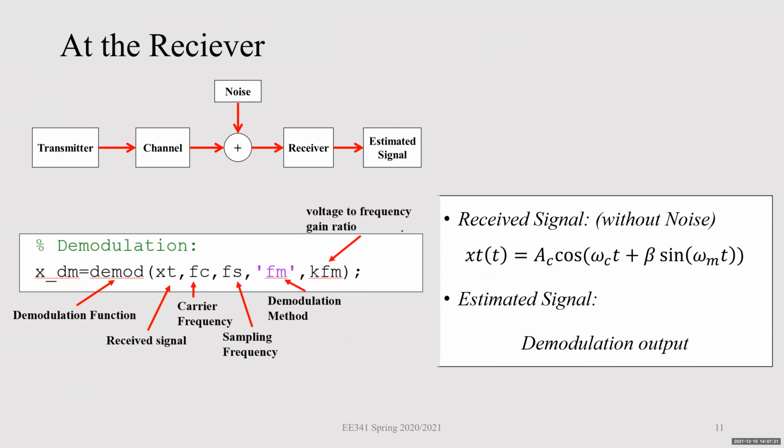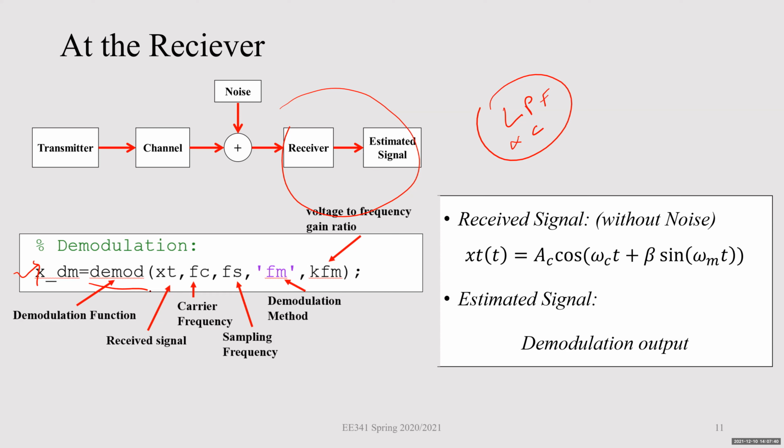At the output, we don't have to follow the procedure of multiplying with the carrier and passing through the low pass filter. We only have to use this command. It will do all the low pass filtering, and the multiplication with the carrier will be done here.